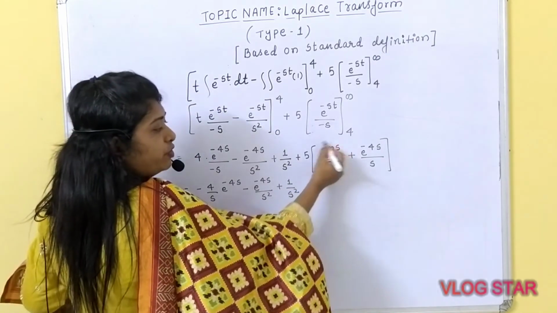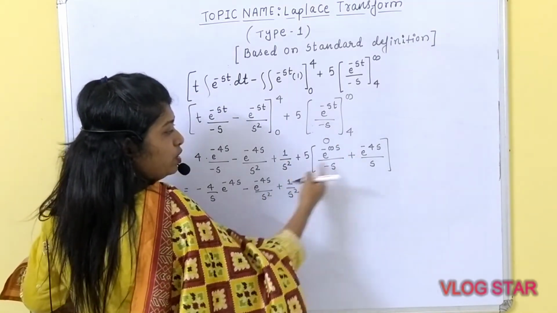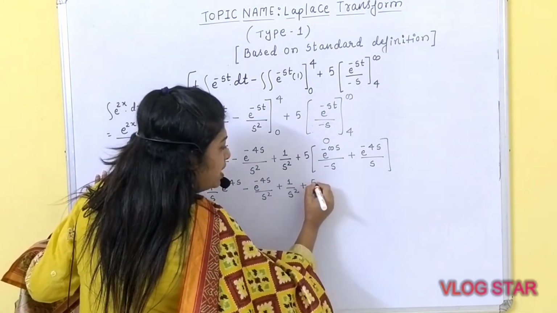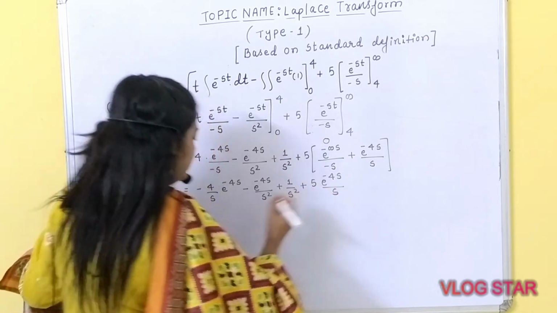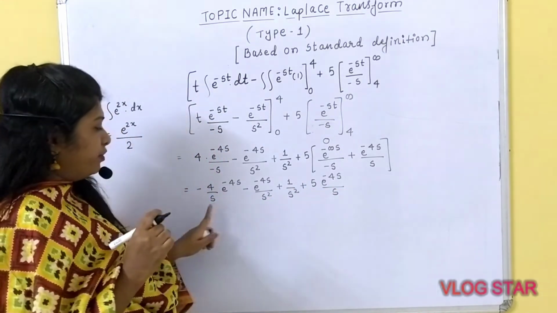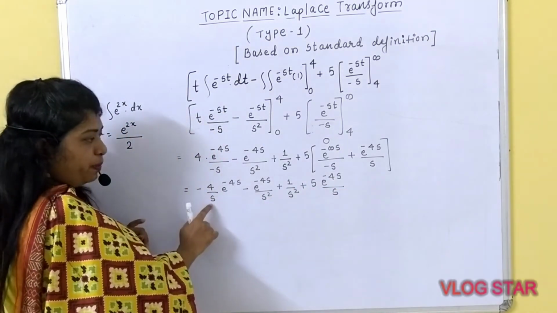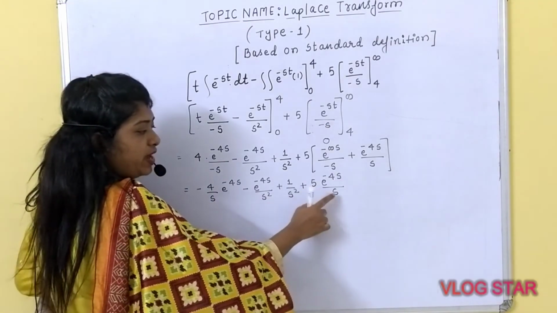Here the answer for this particular term is 0. So what is remaining? Plus 5 e raised to minus 4s upon s. If you observe carefully, this is minus 4 upon s, this is plus 5 by s.